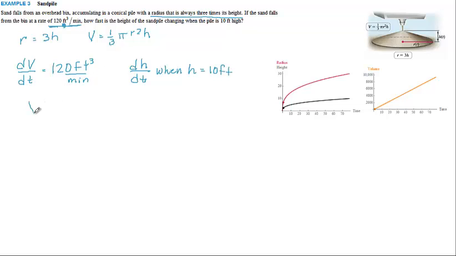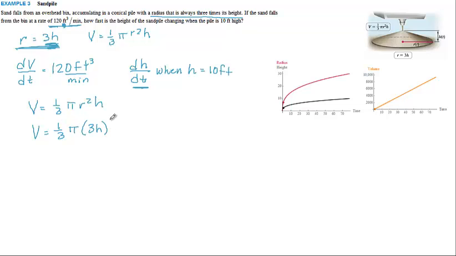All right, so we're sitting here with this formula. The volume is 1/3 pi r squared h. They tell me that the radius is 3 times the height. I really want to know about dh over dt. I don't really care about the radius, so they did a great big favor to us: 1/3 pi times 3h.